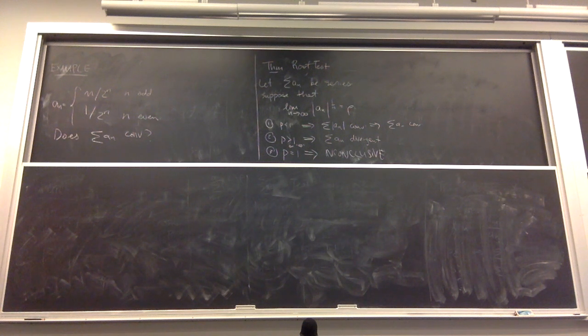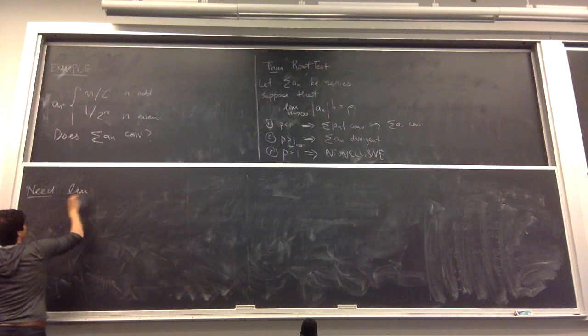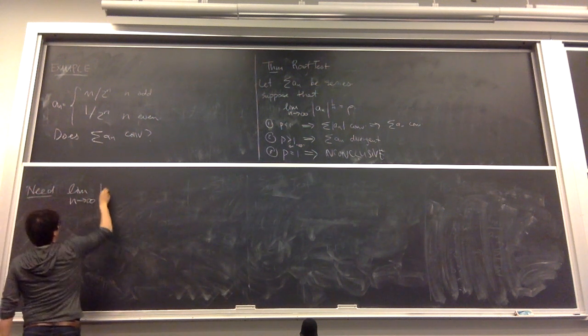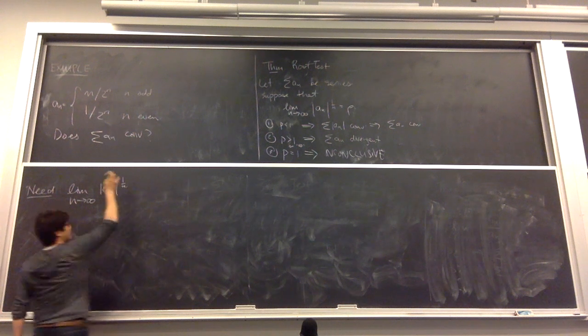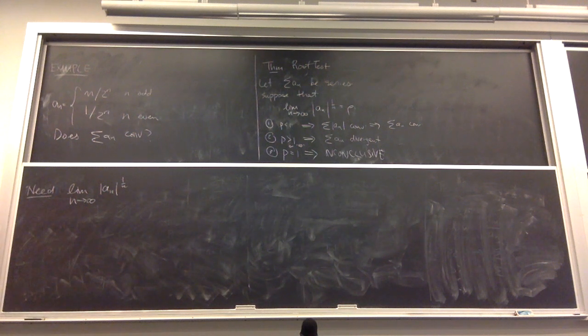If we're doing a root test, what limit do I need? Well, I need to calculate the limit as n goes to infinity of the nth root of the absolute value of the nth term. Okay, so I need to somehow compute this limit. So the new question becomes, how do you compute this limit?